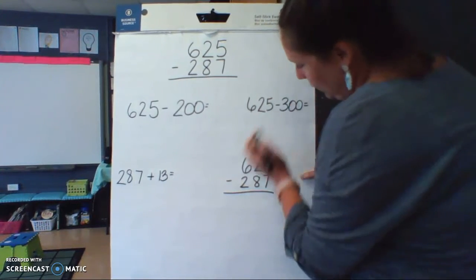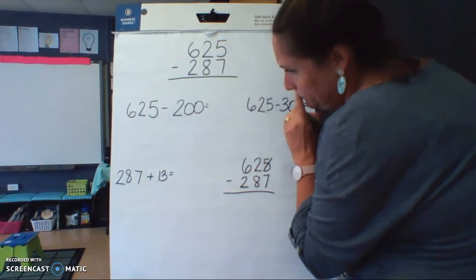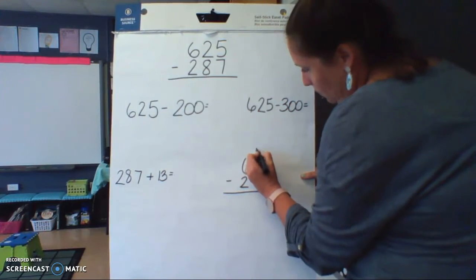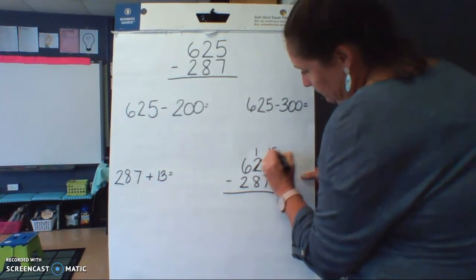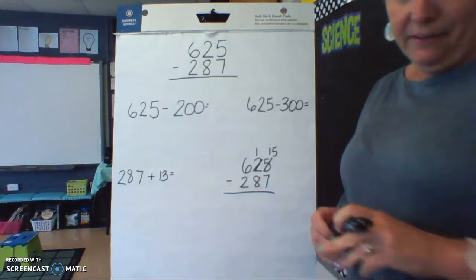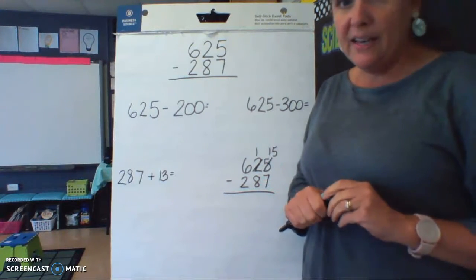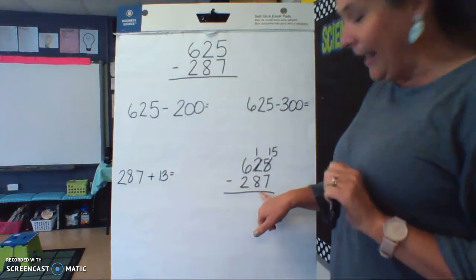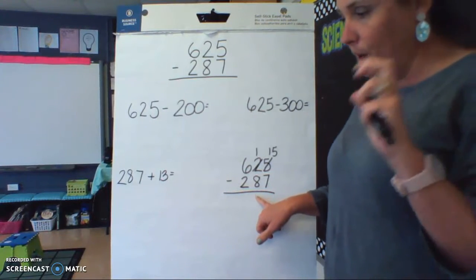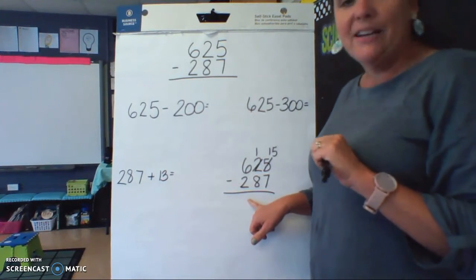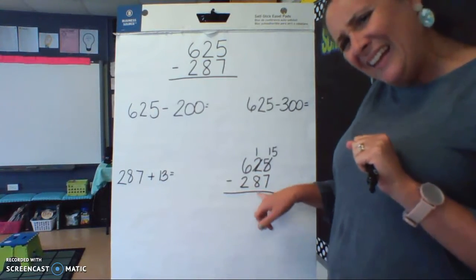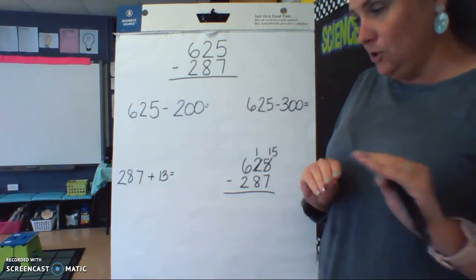Okay, so I'm going to make that a 1 and I'll make that a 15. All right, so again, this is similar to what you did with addition already, but only this time you're going to notice that the last starter problem is the U.S. standard algorithm for subtraction. And the start is slightly different than with addition.